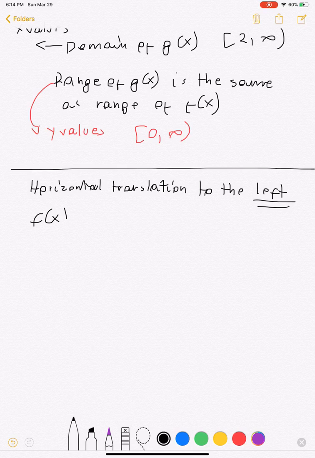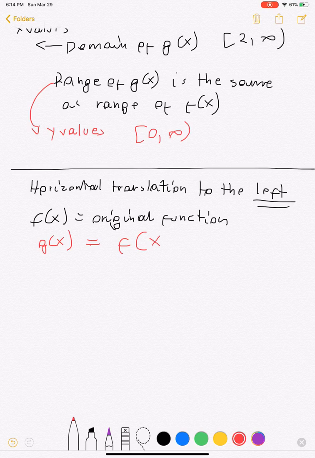So f of x, it's original graph, original function, and g of x, it's going to be f of x plus c. So what's going to happen, you're going to see change involving x value, and we're going to add a coefficient to our x. Okay, so you're going to see plus c. Plus means you're pushing graph to the left. With horizontal transformations, always opposite of what you see.